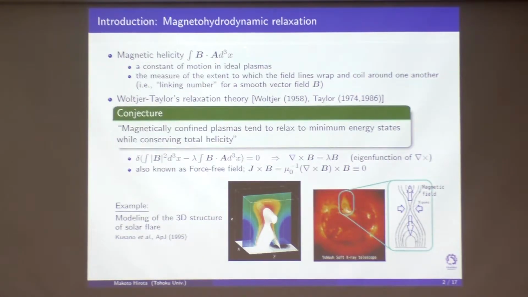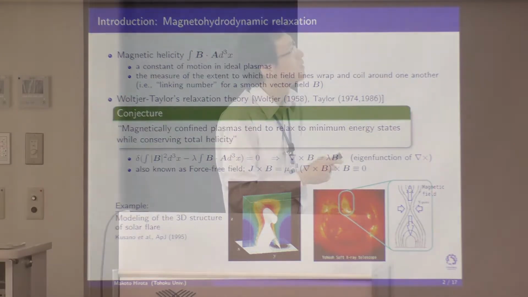This is naively defined by the inner product between the vector magnetic field and the vector potential A, integrated over the domain. This is the so-called magnetic helicity. And as already introduced by Professor Furukawa, this is a constant of motion in the ideal plasma. Ideal means there is no dissipation term in the equations.